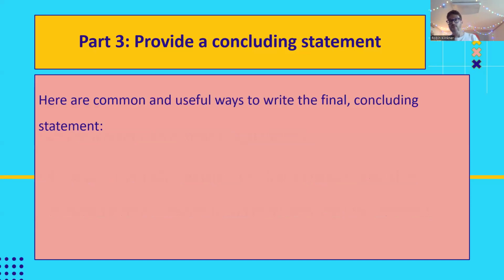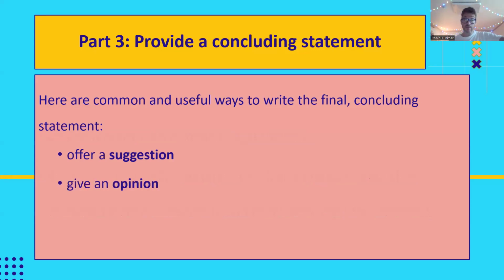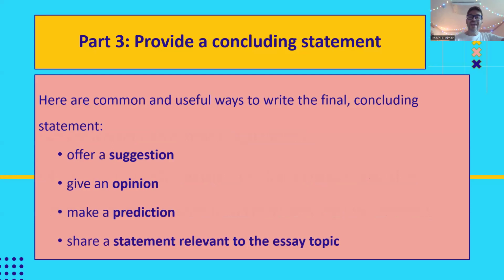So there are 4 common ways to write your concluding statement. 1, you can offer a suggestion. 2, you can give an opinion. 3, make a prediction, or 4, you can just share any statement that's relevant to the essay topic.